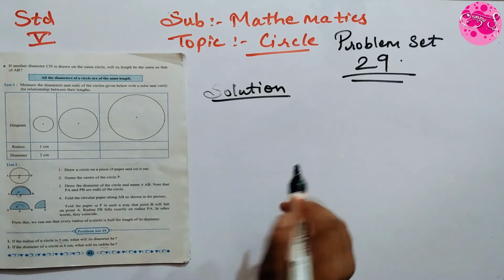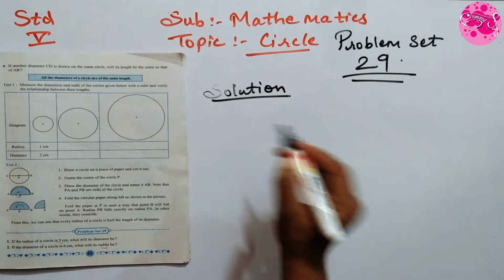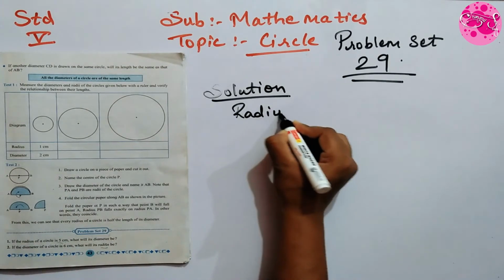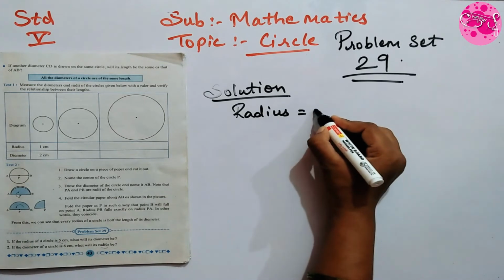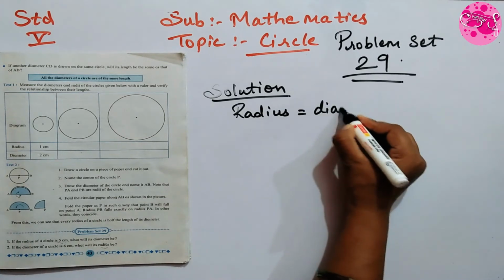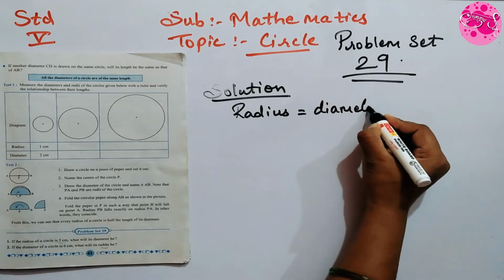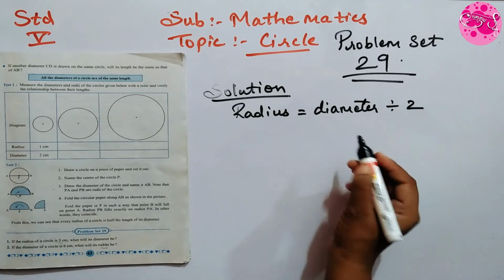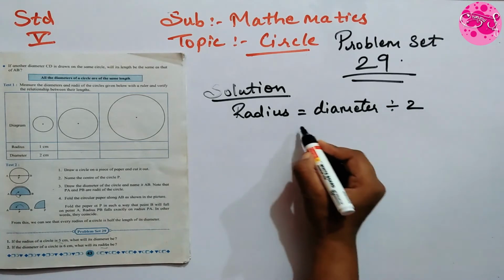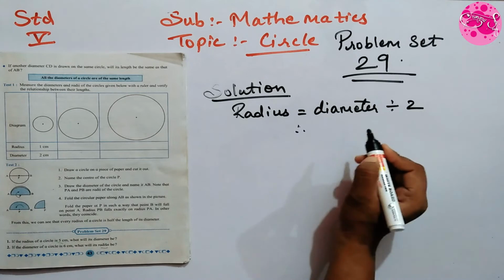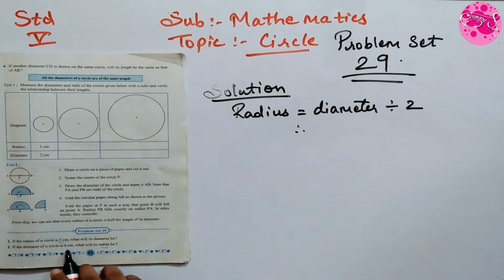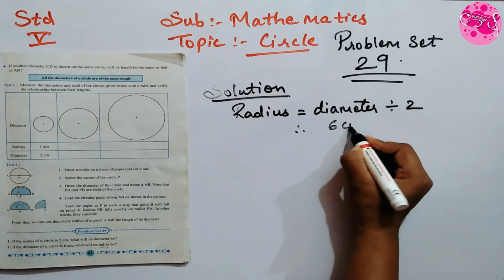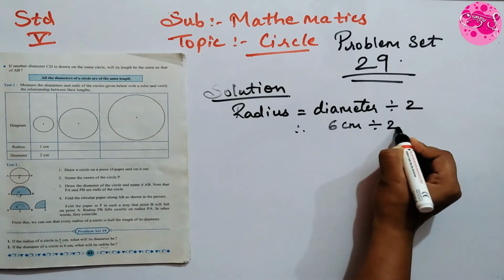Okay, so solution, radius is equal to diameter divided by 2. So therefore, diameter is given 6 centimeter. So write 6 centimeter divided by 2.